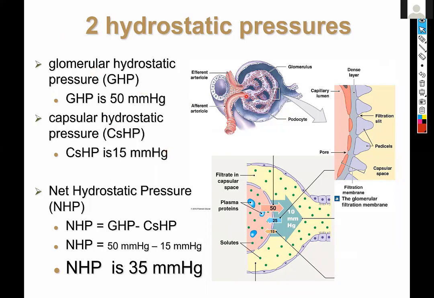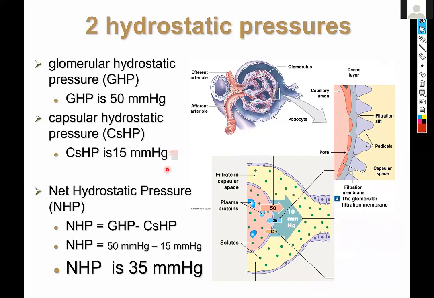So due to the interplay between blood pressure normally and the juxtaglomerular apparatus regulating the diameter of the afferent arteriole, we've got glomerular hydrostatic pressure staying at about 50 millimeters of mercury.